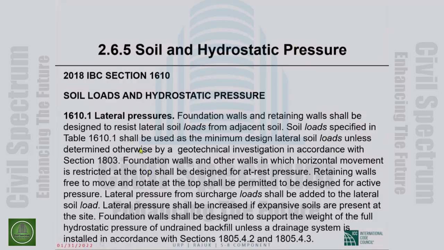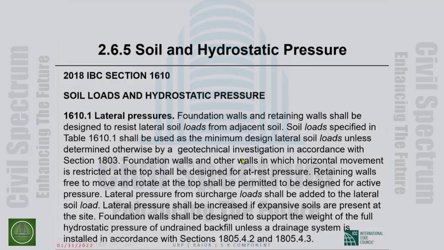Soil loads specified in the table shall be used as the minimum design lateral soil loads unless determined otherwise by. So what is recommended? You get the values from a geotechnical engineer. In the absence of that, you can use the table. So unless determined otherwise by geotechnical investigation in accordance with section such and such.